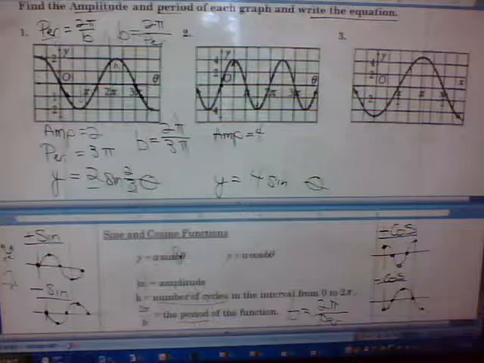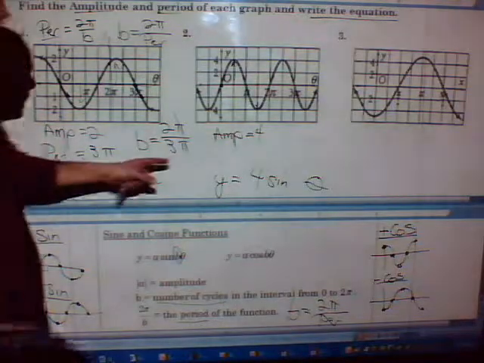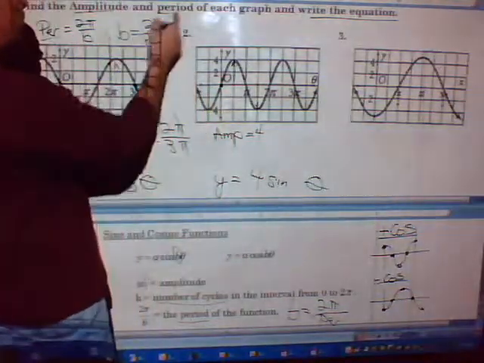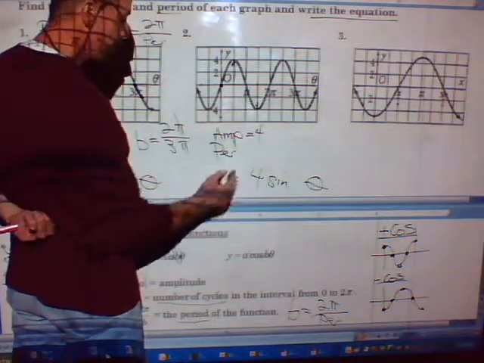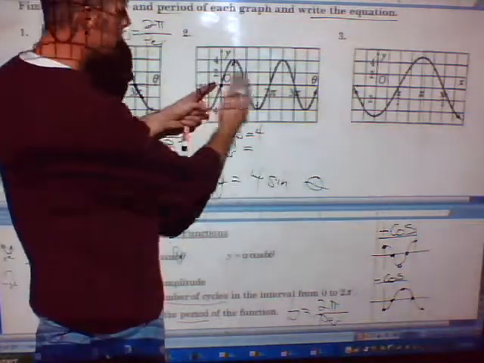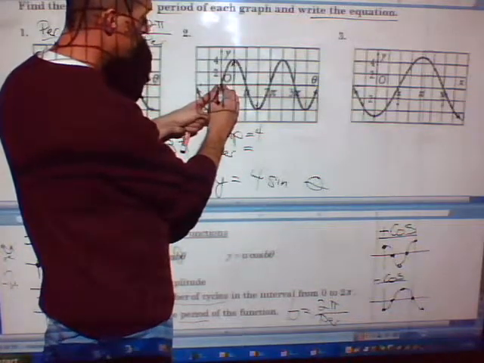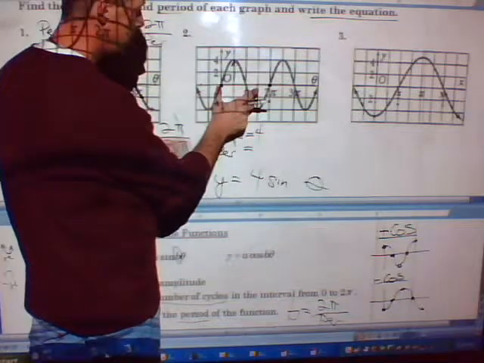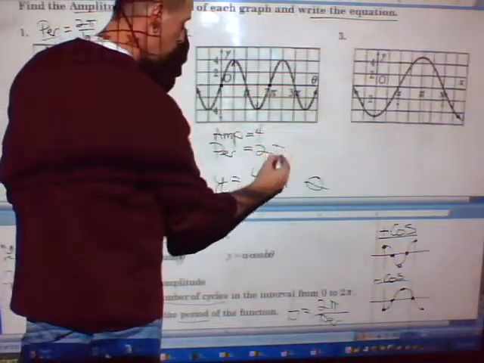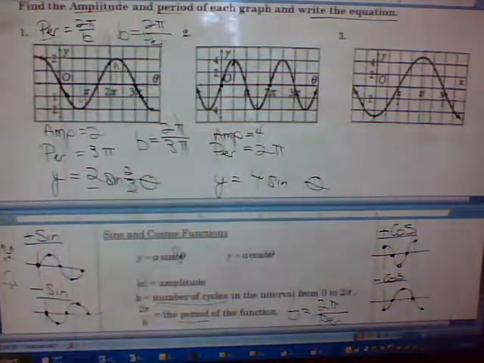And then what's our period? Our period in this case is the length of one cycle. Well, it starts here and then it stops here. That's the first cycle. What's the length from here to here? That's 2 pi. Okay, so our period is 2 pi.